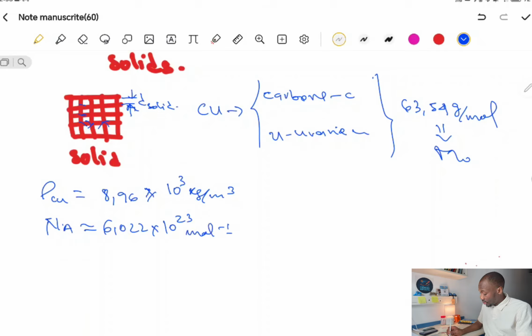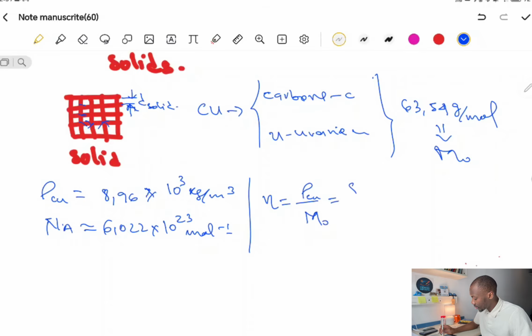Per mole, mole minus 1. Yeah, and we know the number of moles per each cubic meter can be obtained by the mass density of the copper over the molar mass.